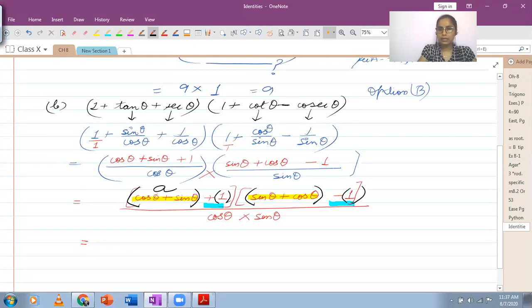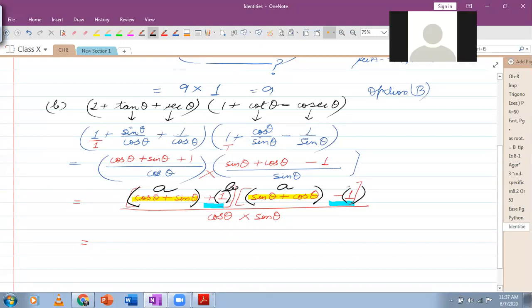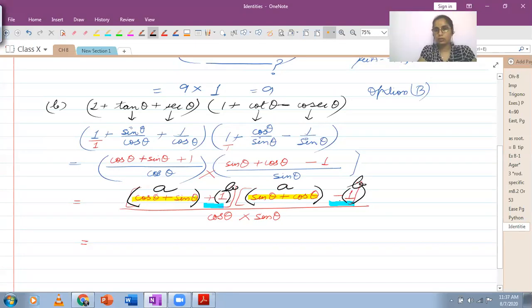This will be A plus B, and this is A minus B. So in the brackets, we have the sum of the same terms and the difference of the same terms. So you can apply the identity. This becomes the identity A square minus B square. Is that correct? Yes, ma'am.